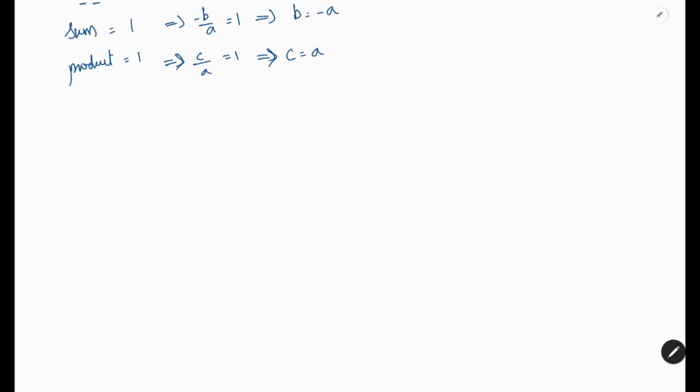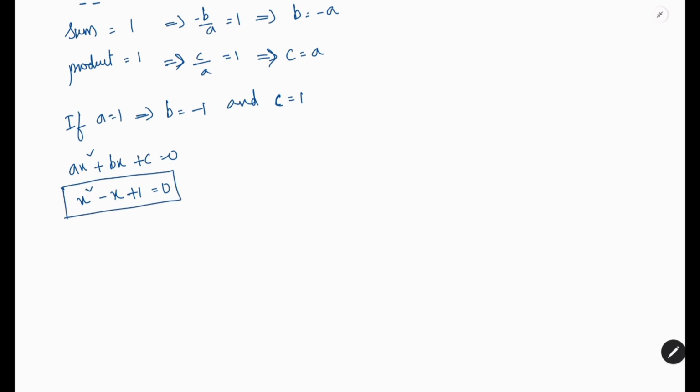Now if a equal to 1, then b equal to minus a is minus 1, and c equal to a means 1. Now substitute these values in a quadratic polynomial: x square, b is minus 1, plus 1 equal to 0. Now this is the quadratic polynomial.